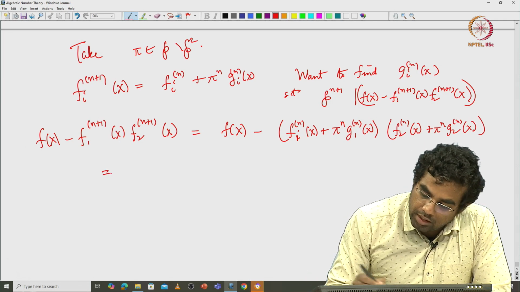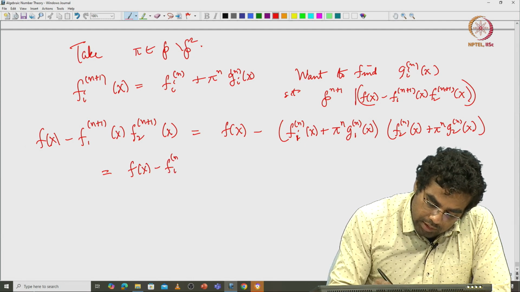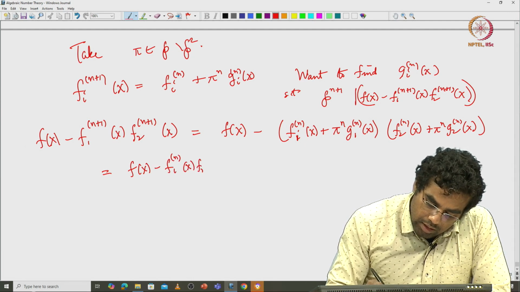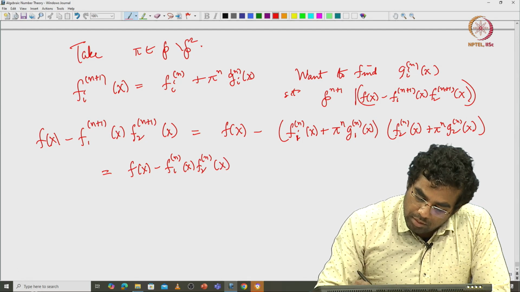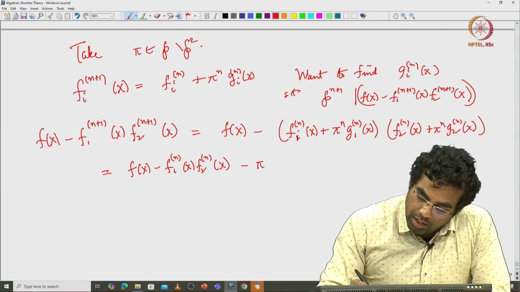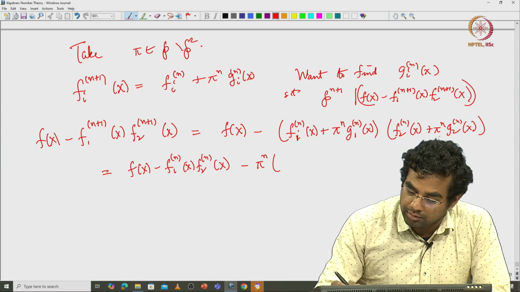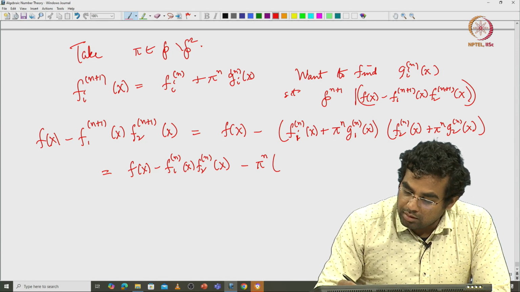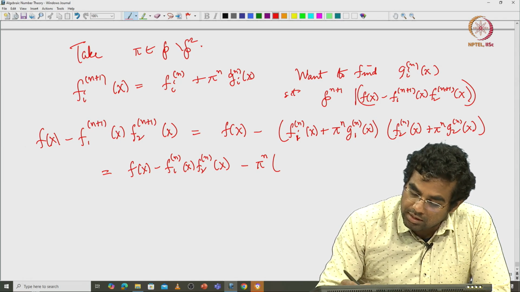So, I can rewrite this as f of x minus f1 n x f2 n x minus pi to the n, and then I gather the terms with pi to the n's in them.